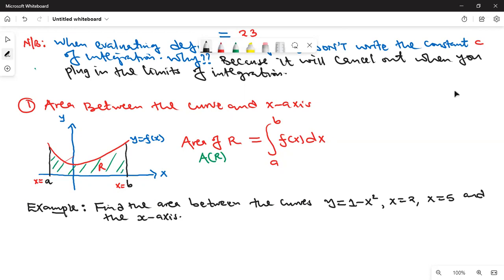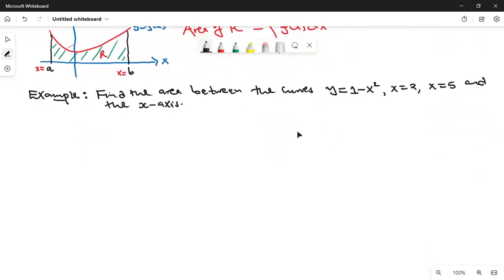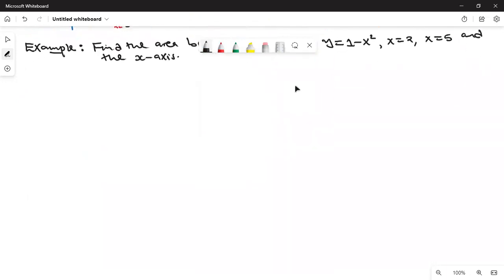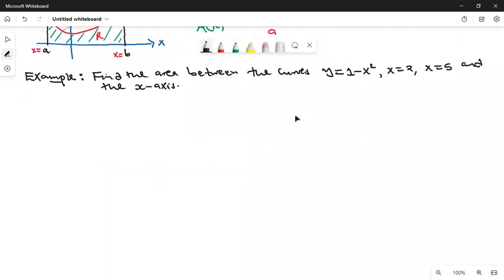So first of all, you have to sketch so that you see the region we are talking about. It's better that you sketch. Let us sketch that.